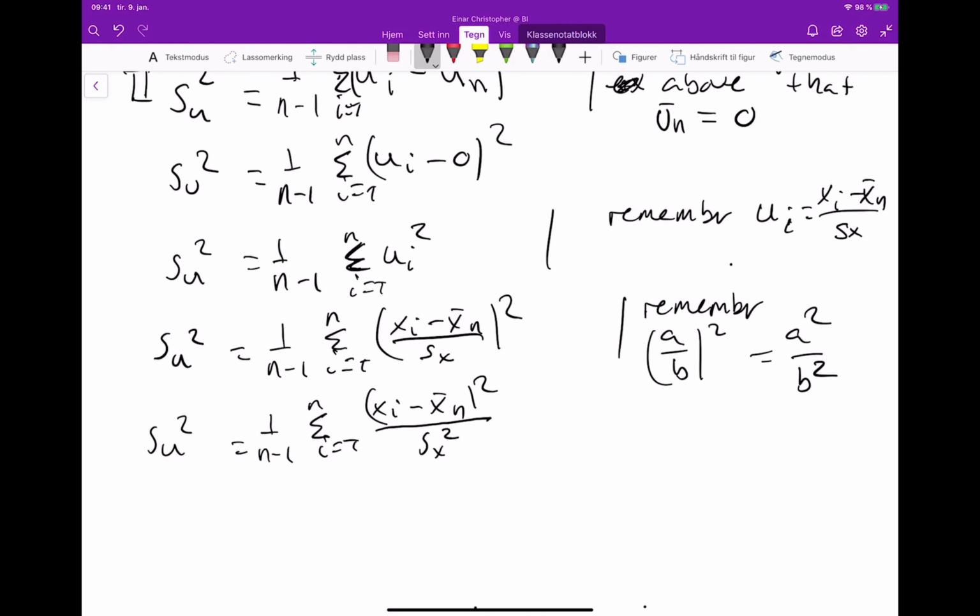So now we are closer. And this, which stands in the denominator here, sx in the power of 2, is just a constant. So we can write this as 1 divided by n minus 1 times, and I just take outside the constant, 1 over sx in the power of 2, sum i equal 1 to n xi minus x bar n in the power of 2.